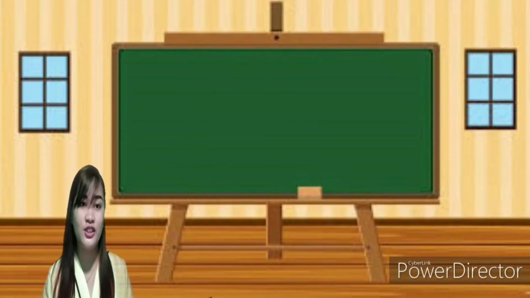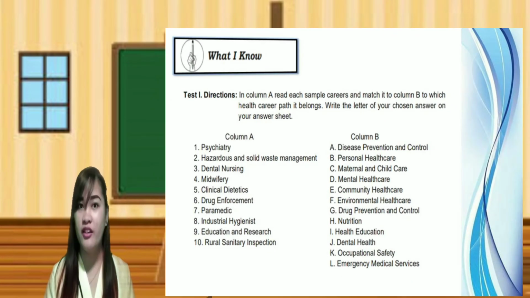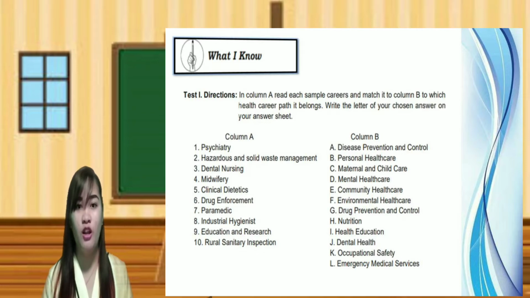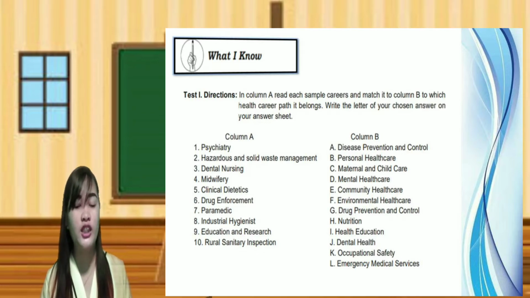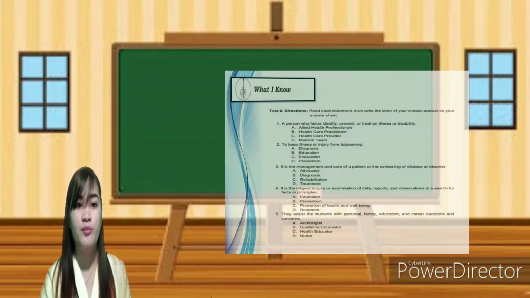Let's try to answer the what I know activities. Test 1. Directions. In column A, read each sample career and match it to column B, to which health career path it belongs. Write the letter of your chosen answer on your answer sheet. Test 2.